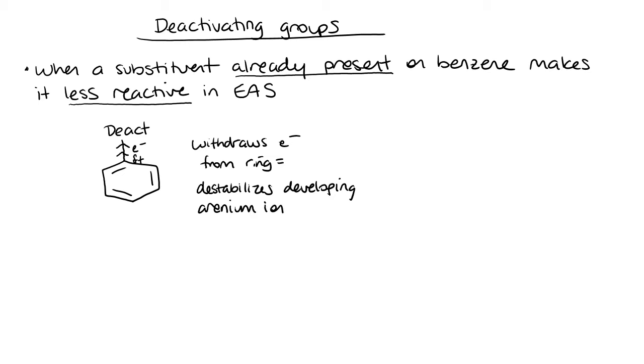If the ring has already had electron density taken away from it, it's going to be less likely to have the pi electrons go out and act as nucleophiles, because again, we're giving up the electrons and creating more positive. So as we're destabilizing this developing arenium ion, it's going to make the ring less reactive. And all of this is related to the inductive effect.